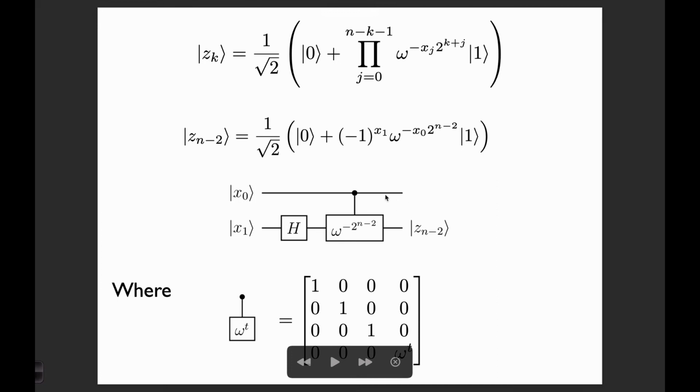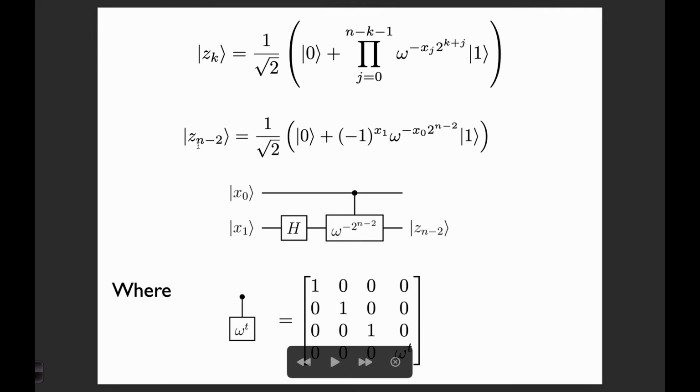Let's consider the second easiest term, z_{n-2}. Again, if we plug n minus k equals n minus 2 into our formula, this state is 1 over root 2 times ket 0 plus minus 1 to the x1 times omega to the minus x0 times 2 to the n minus 2, times ket 1.